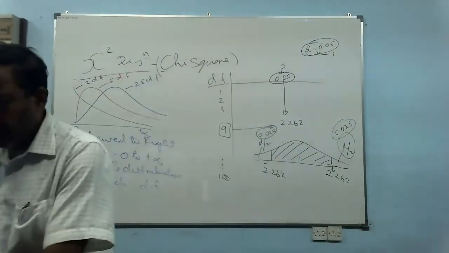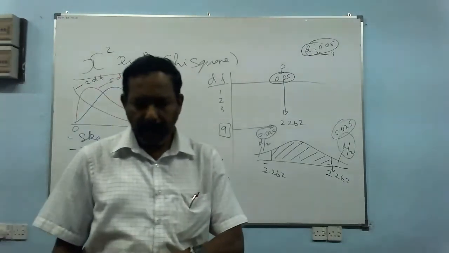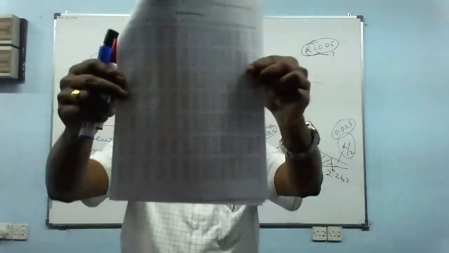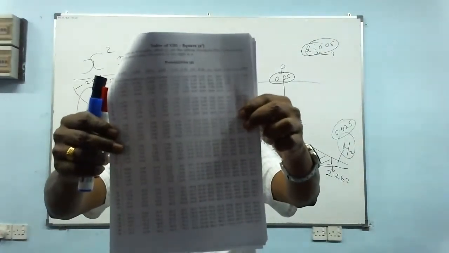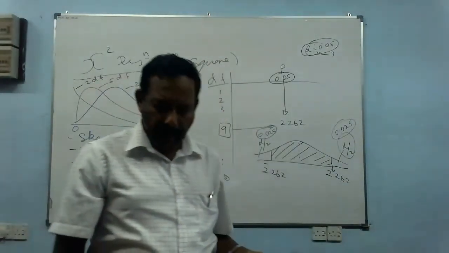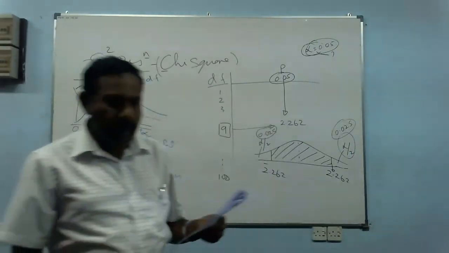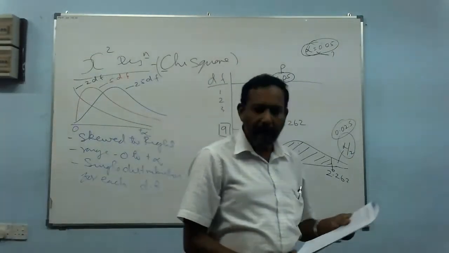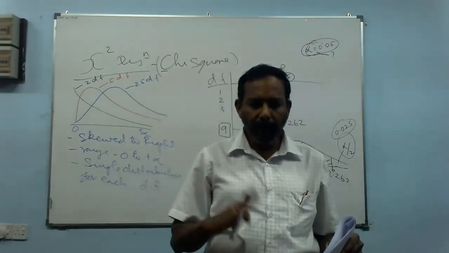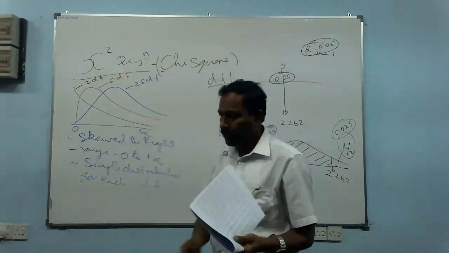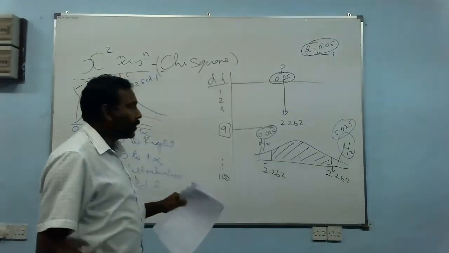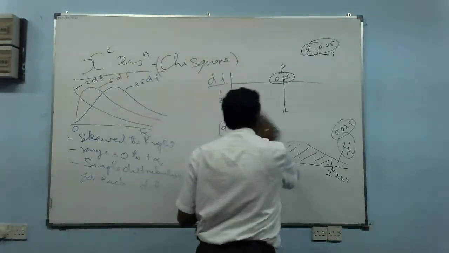So here also, take the table, maybe the fourth table. It says chi-square table. Can you all see? Look at the values in the table. Again, the same way that we have already seen for the t distribution table. Same concept.